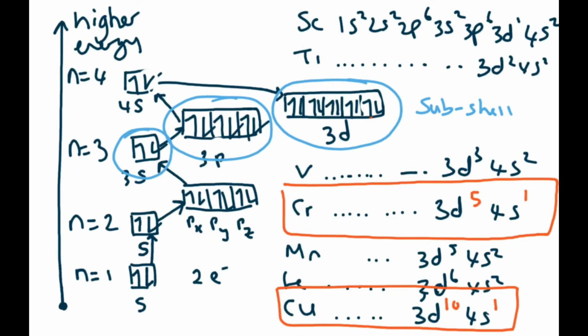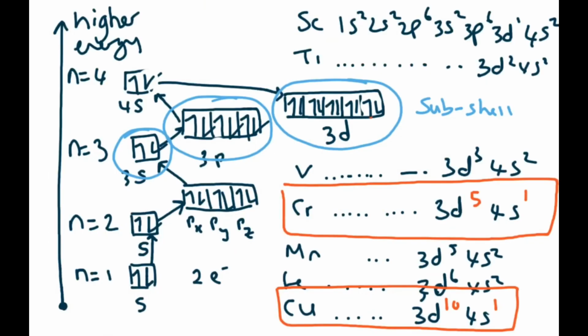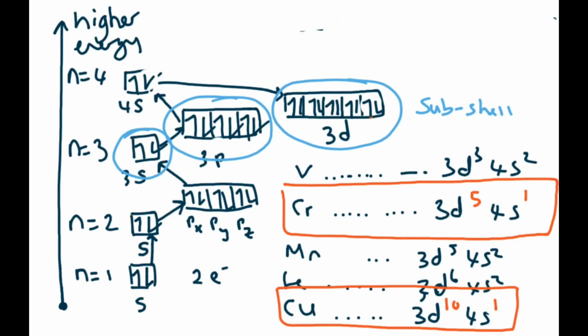On the periodic table, once you've done zinc, the next element is gallium. We've filled the 3d, we've filled the 4s, so gallium has to go into the 4p. After the 4s, we've now got the 4p subshell.